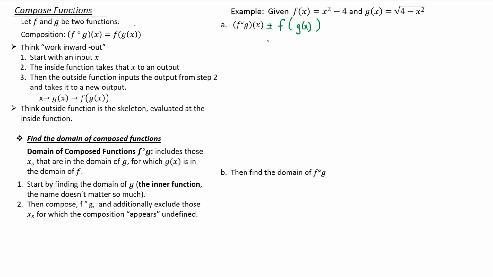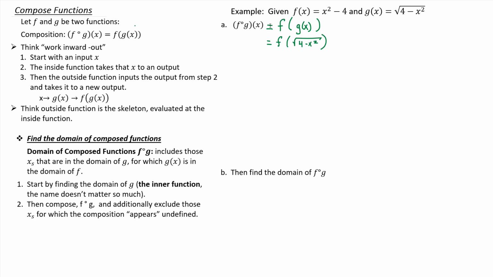And what that means is now you need to go to function f, and wherever there's an x, you're going to replace it with g of x. So we know that g of x is the square root of 4 minus x squared.